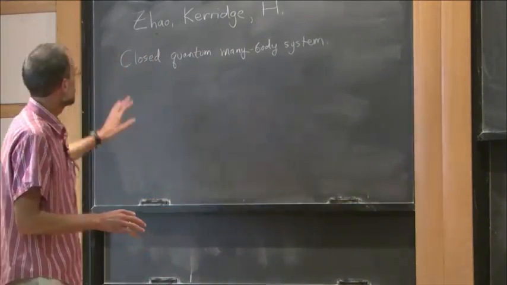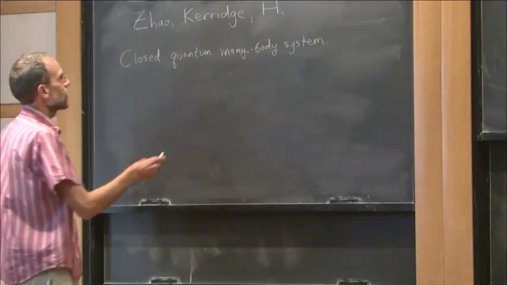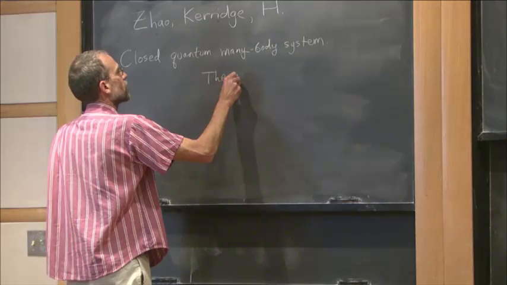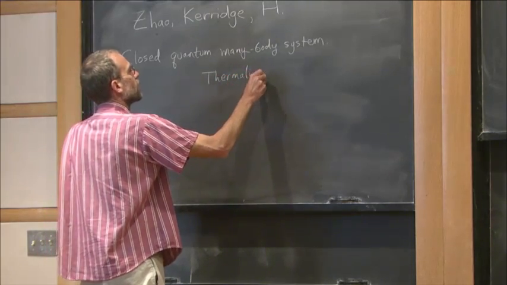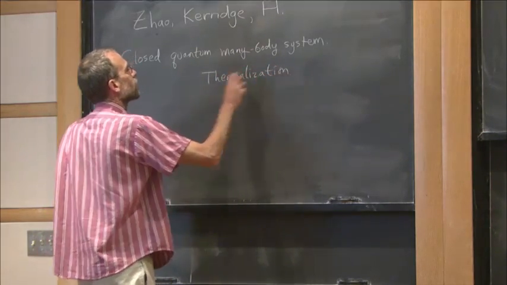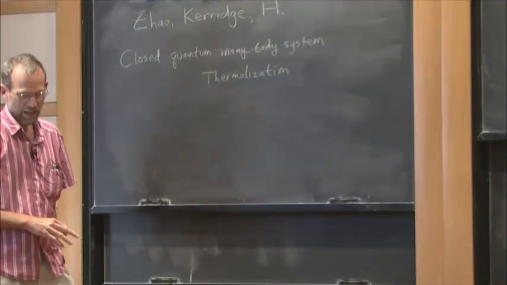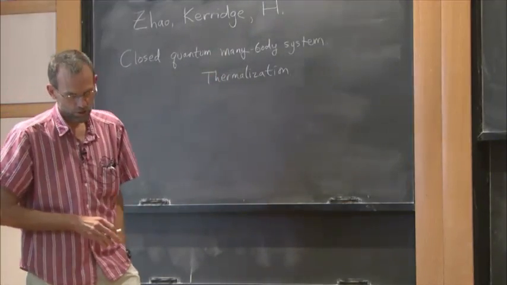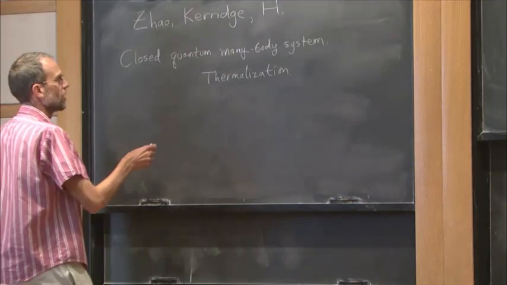But the issue I'm going to be talking about here is thermalization, and I'll say a little bit of what I mean by that in the particular example, but maybe at the end we can talk more generally about thermalization if people want to.